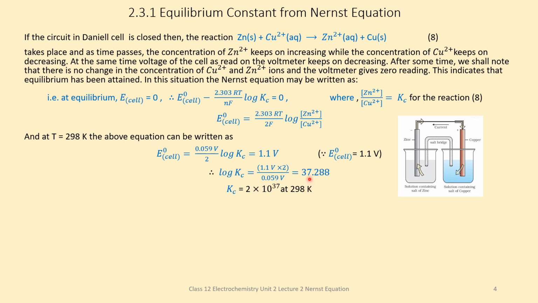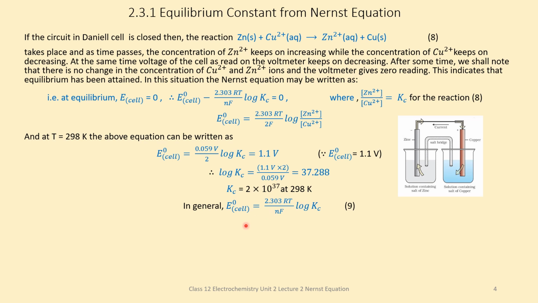So we can calculate the value of Kc by taking the anti-log. That is, Kc is equal to anti-log of 37.288, that is equal to 2 into 10 to the power of 37 at 298 Kelvin.